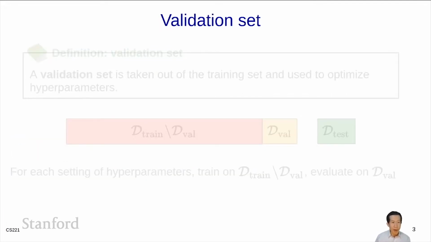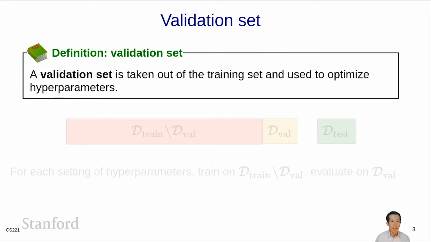So what do we do then? The solution is to use a held out validation set. It's also known as a holdout set or development set. And this set is just taken out of the training set and is used to optimize hyperparameters. So here's a picture. You leave the test set alone. It's isolated from what you're doing here.